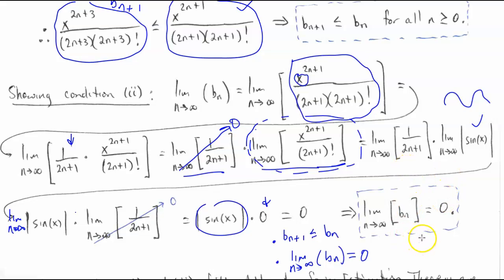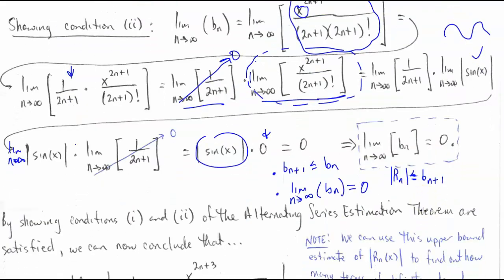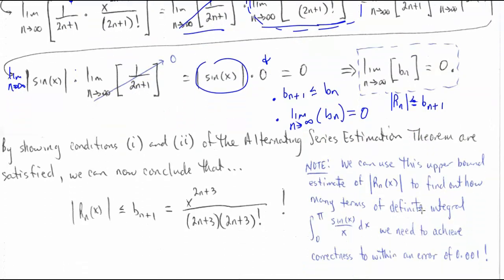So what that tells us is that our error, which is going to be the absolute value of r sub n, can be no more than the b sub n plus 1th term. Okay, and that comes from the alternating series estimation theorem. And of course, the b sub n plus 1th term, we've already found out what that looks like too.